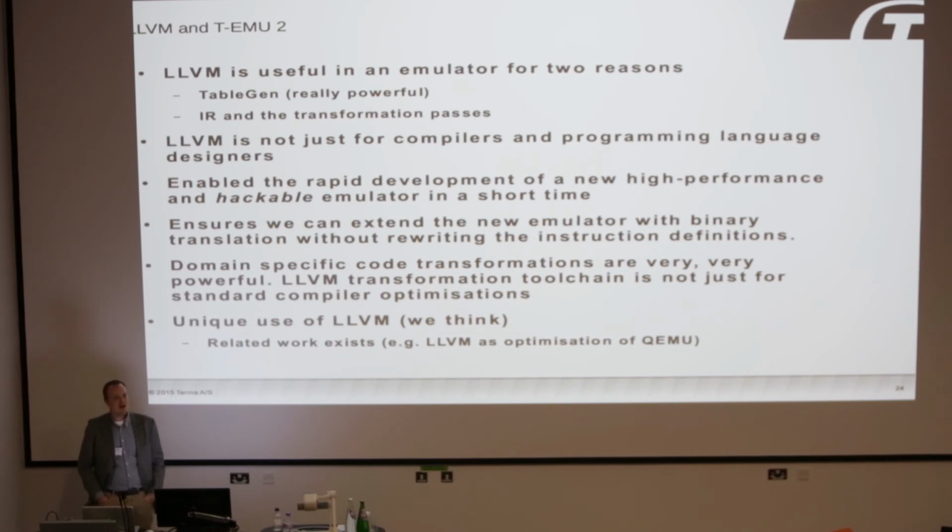And basically, we're able to do an interpreted emulator in a very short time frame, which still performs quite competitively. And we can guarantee that we can go to binary translation.